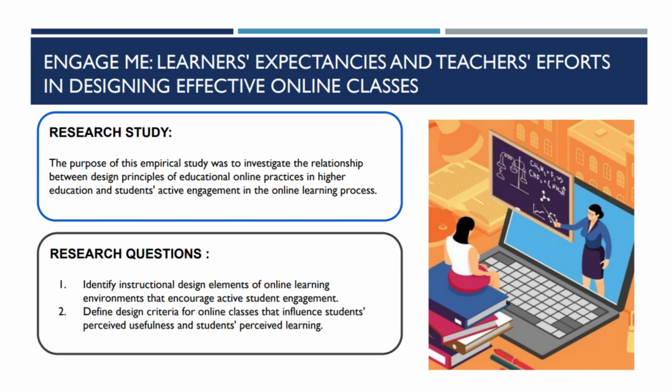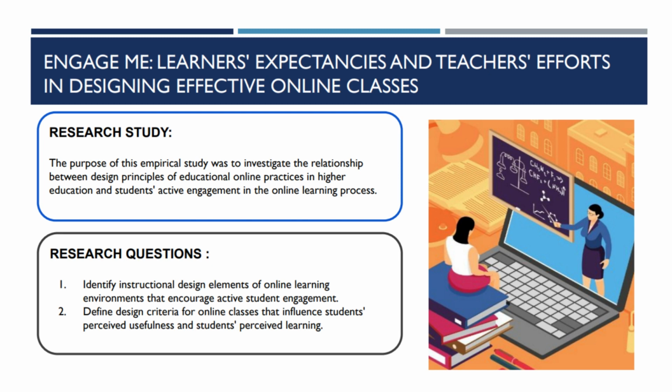So the third example is a research conducted by Birgit Schmitz and Katja Henke. The research aims to identify the online instructional design elements that encourage active student engagement and students' perceived usefulness. The study looked at elements that created or fostered engaging student-to-student and instructor-to-student learning.